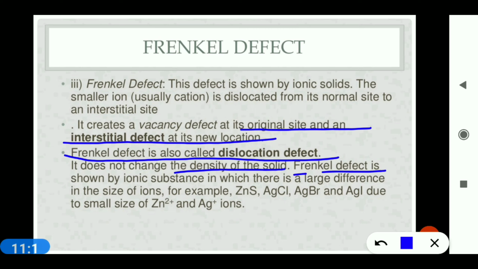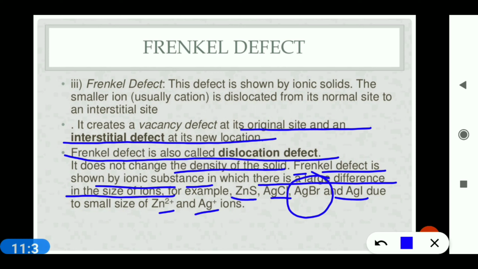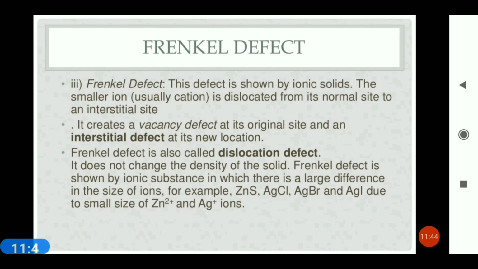Frenkel defect is shown by ionic substances in which there is a large difference in the size of the ions. For example, ZnS, AgCl, AgI. And a very interesting example is AgBr. Keep this in your mind: if they ask for the example which shows both Schottky and Frenkel defects, the best example is AgBr.